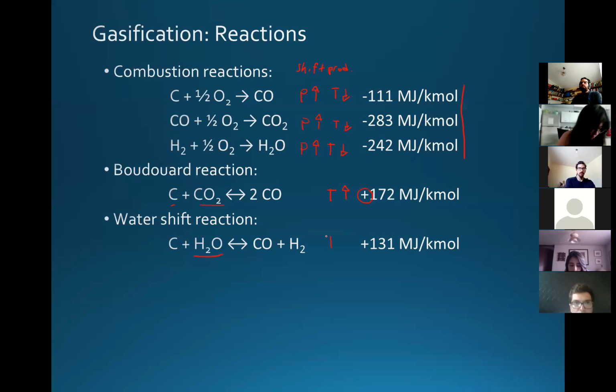So the pressure doesn't affect it, but the temperature does, right? So if we raise the temperature, we're going to obtain higher amounts of carbon monoxide and hydrogen. Those are the ones that we need, right?